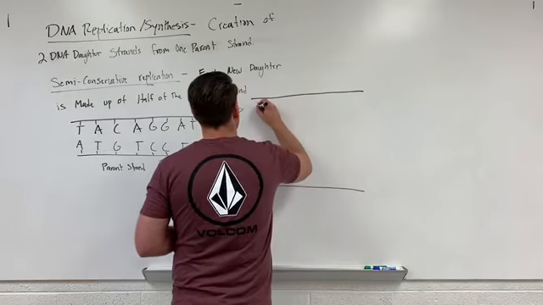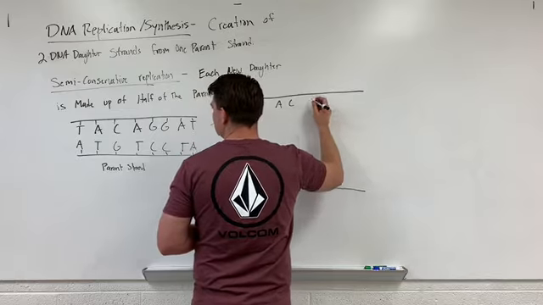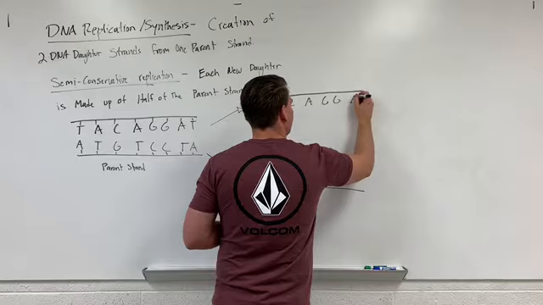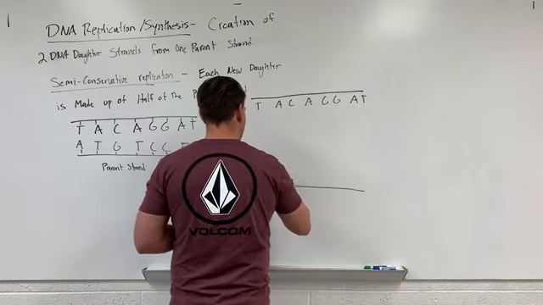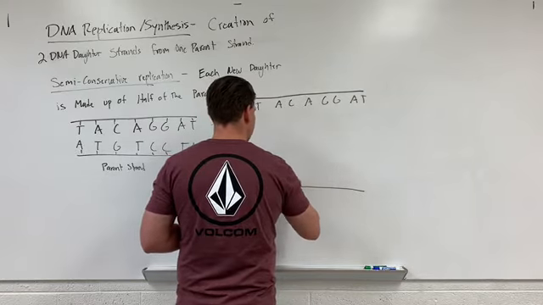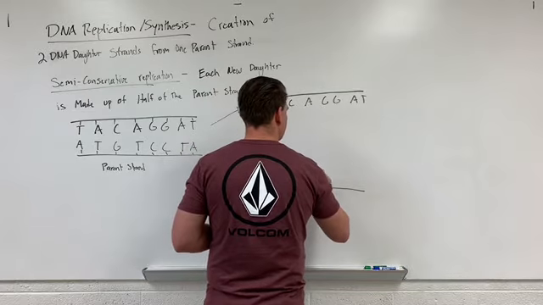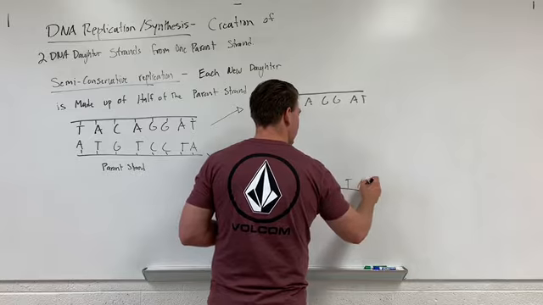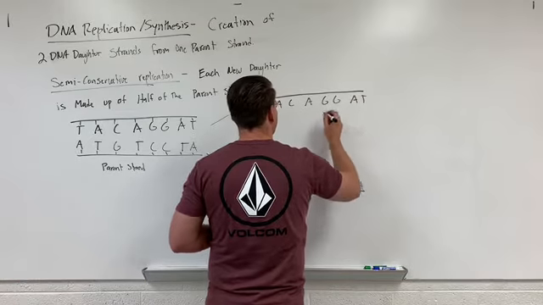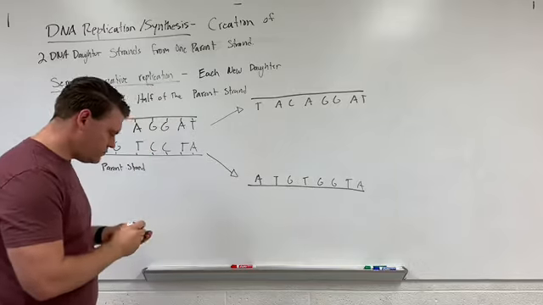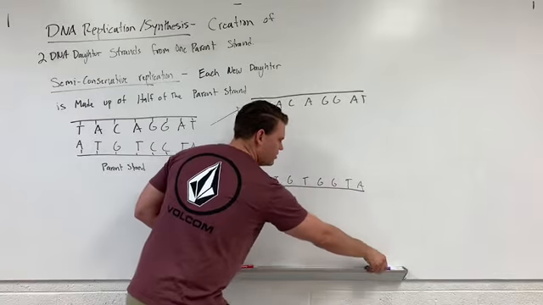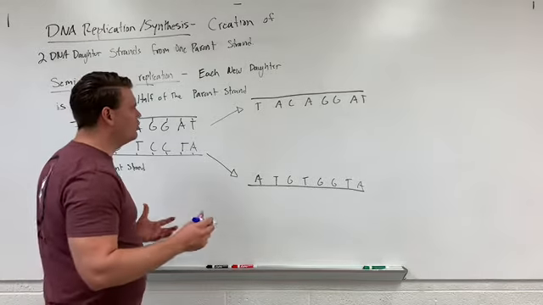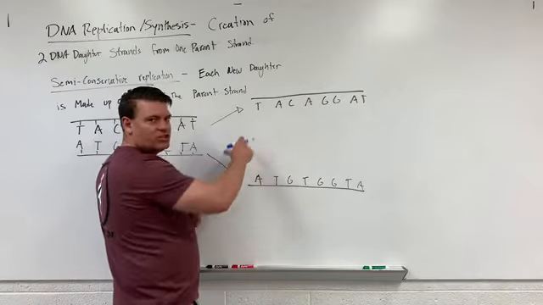All right, so we have T, A, C, A, G, G, A, T, and then A, T, G, T, C, C, T, A. And then what we can do, once again, we can add our base pairs by going off that knowledge. So I want you to say this with me.